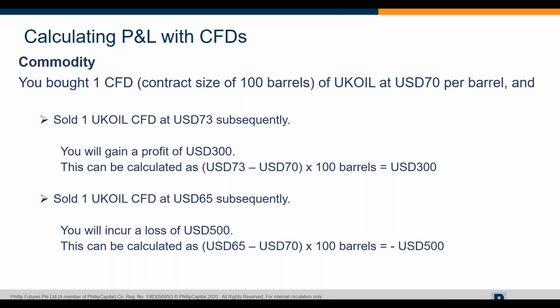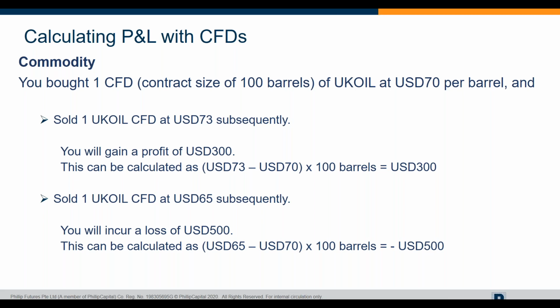From here you can see for commodity, when you buy one CFD, it also means a contract size of 100 barrels. When you go to the trading platform and type in one CFD, automatically it means 100 barrels. But you shouldn't have to worry too much about it. When you're on the platform, you type in one, you should be able to see 100 barrels. So it is pretty intuitive and straightforward.